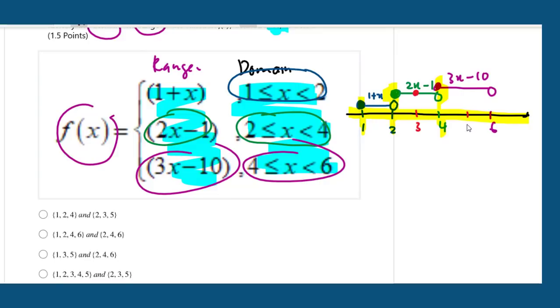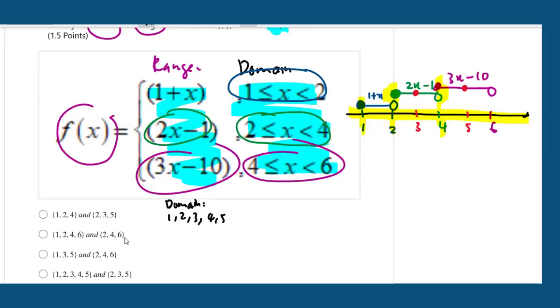Same as number 5, which also lies on this line, so consider it in the domain. So the domain is 1, 2, 3, 4 and 5. That is the domain.